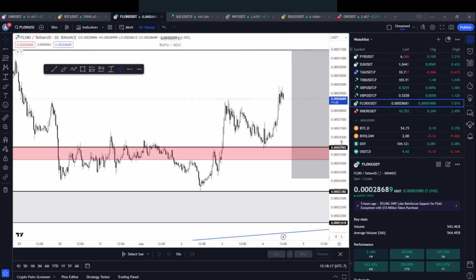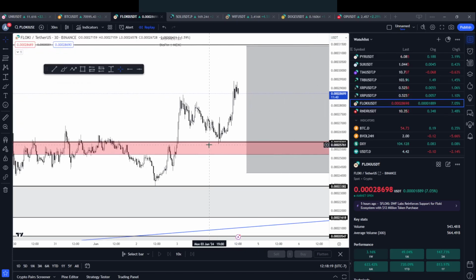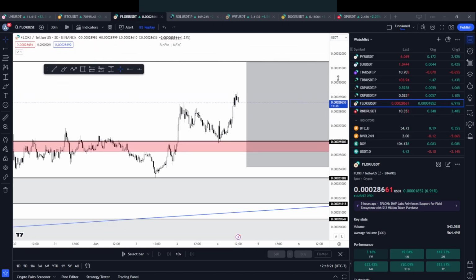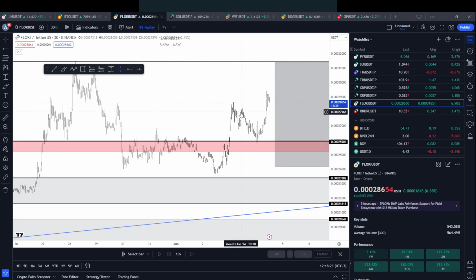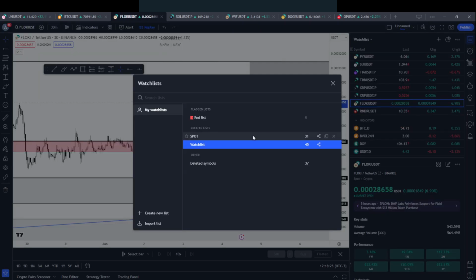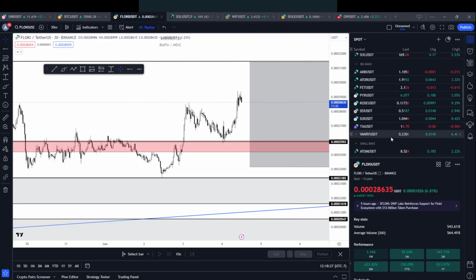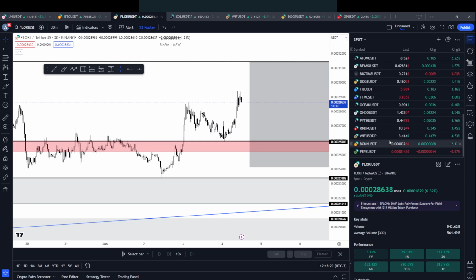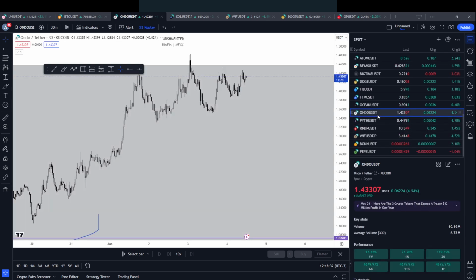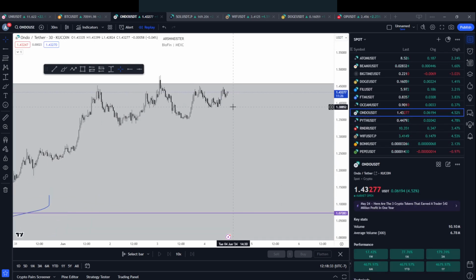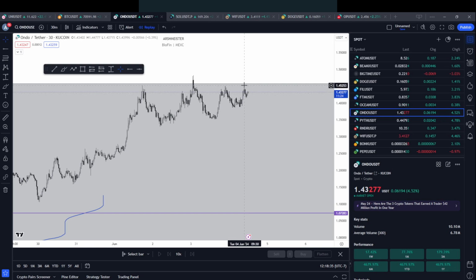It's been super volatile and respecting my lines, and plus it's going to all-time highs soon. But these have been my most recent coins. But in terms of spot, again I only trade high cap coins. Ondo has been perfect in terms of price action, so that's a good one to trade if you're looking to trade it on leverage as well.